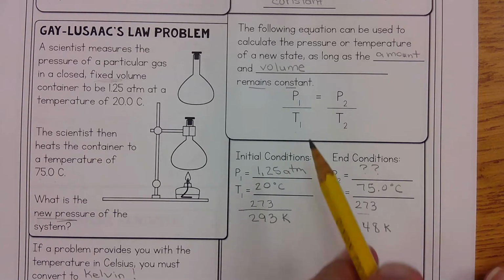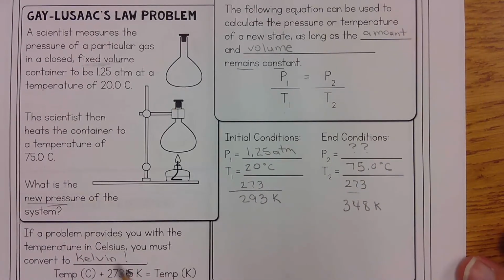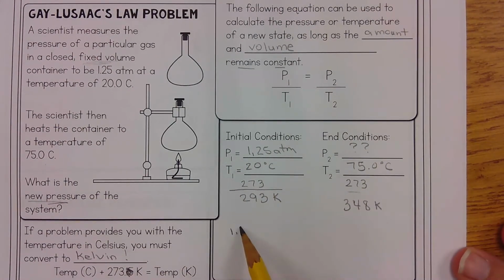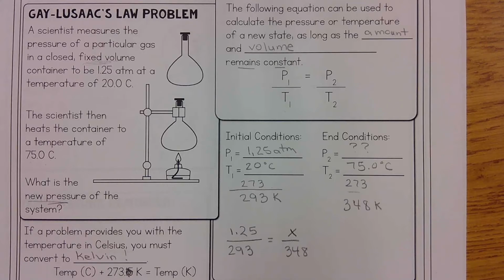All right, now I can plug into my equation. Pressure 1, 1.25 divided by 293 equals X, pressure 2 which we don't know, divided by 348. Then all we have to do is some lovely little cross multiplying, right? Super easy.